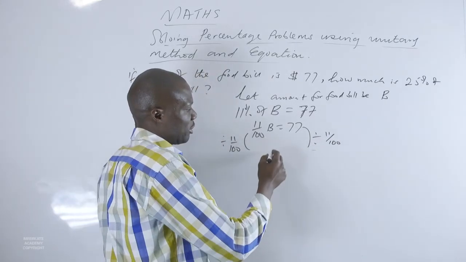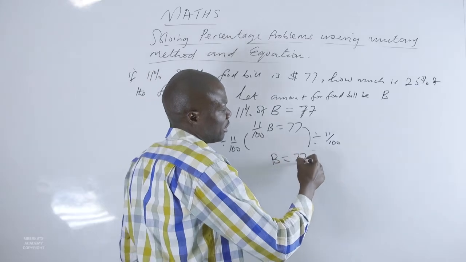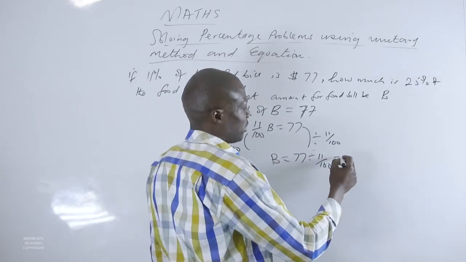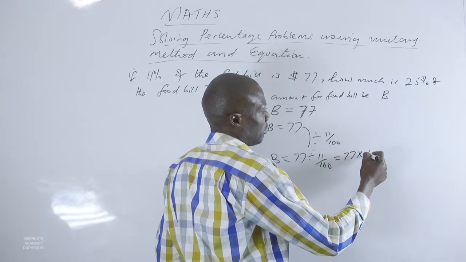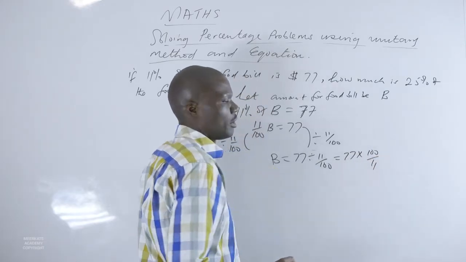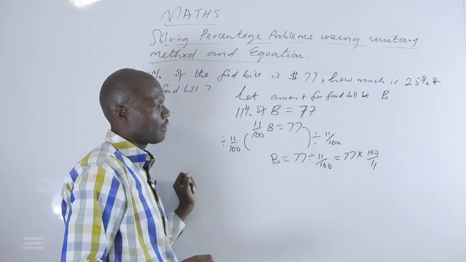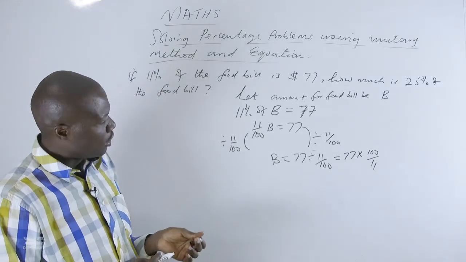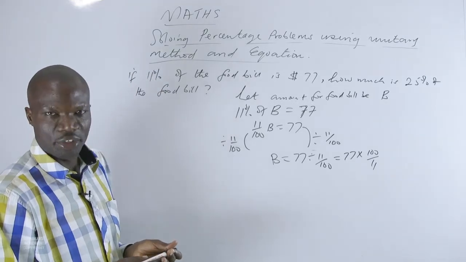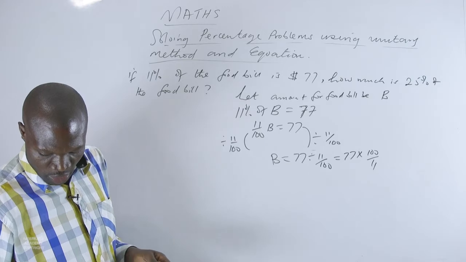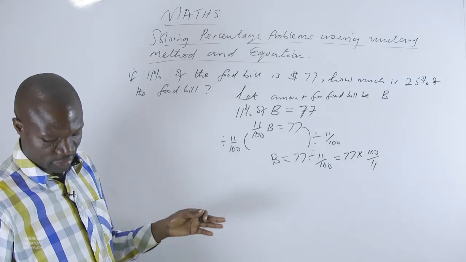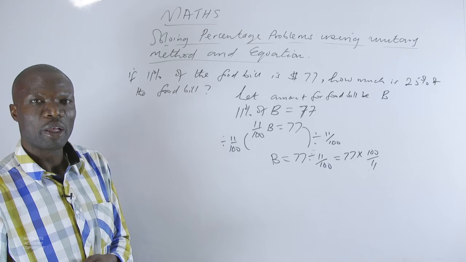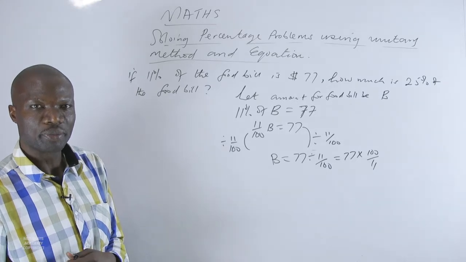So you find this side, which remains with B, is 77 divided by 11 over 100, which is the same as, okay, see that? So for this case, if you are very keen, we are going to find the value of the whole amount.